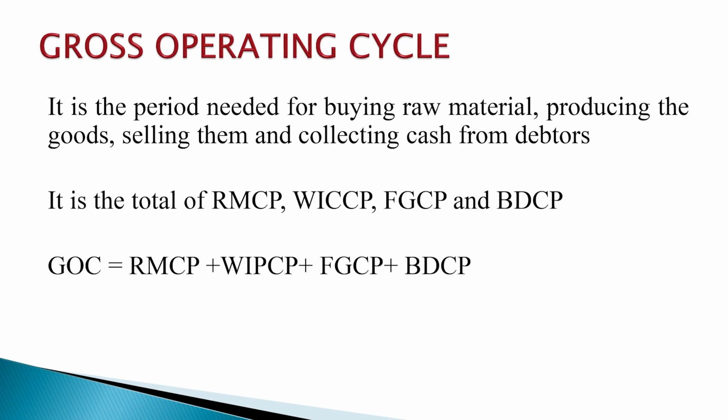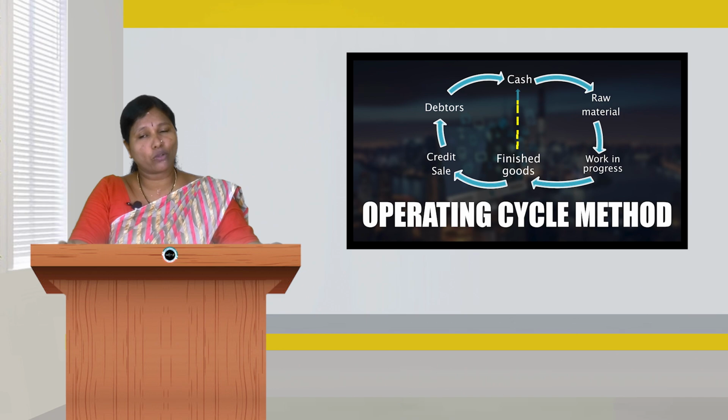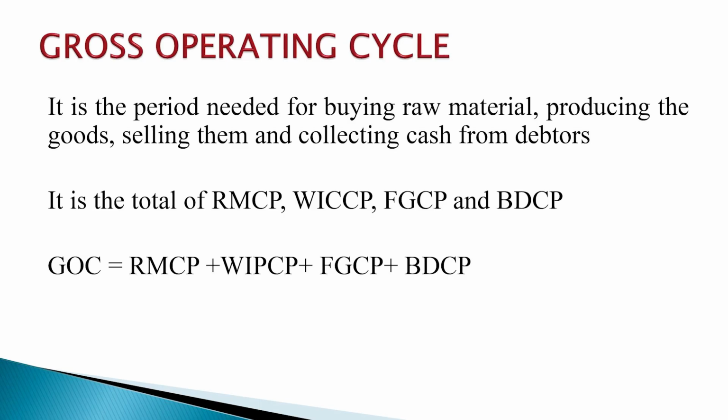Now what is the meaning of gross operating cycle? It is the period needed for buying the raw material, producing the goods, selling them and collecting the cash from the debtor. It is the total of the four conversion periods.